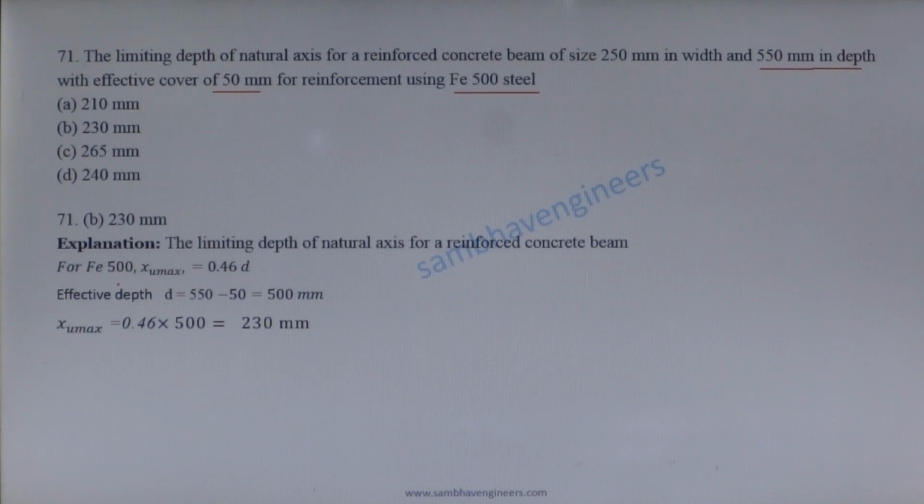Limiting depth of neutral axis for Fe 500 steel is equal to 0.46 d, where d is the effective depth obtained from the gross overall depth minus cover. 550 minus 50 is equal to 500 mm. So limiting or maximum depth of neutral axis is equal to 0.46 d, which is equal to 230 mm.